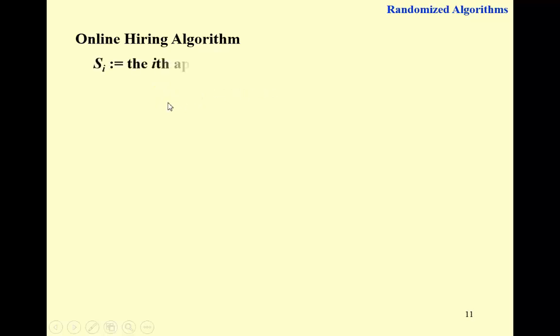So we can define the event S sub i to be the case when the ith applicant is the best. Then the probability of finally hiring the best one is what? It is the sum of the probabilities of S sub i's for the ones after the Kth candidate, right? So let's try to get the probability of S sub i first.